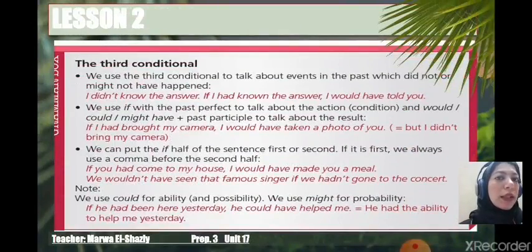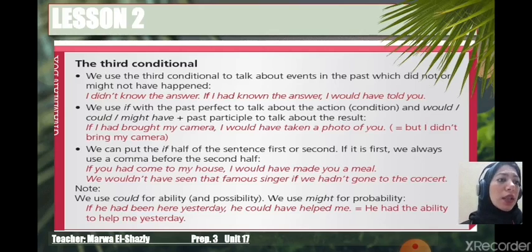Now we're going to deal with the third conditional. The third conditional expresses impossible situations, like situations that happened in the past and cannot be changed. For example, if I want to say, if I had studied hard, I would have succeeded.